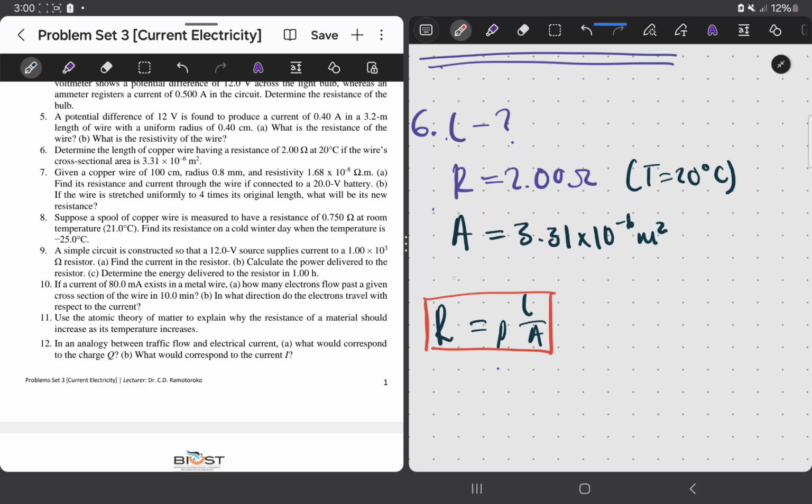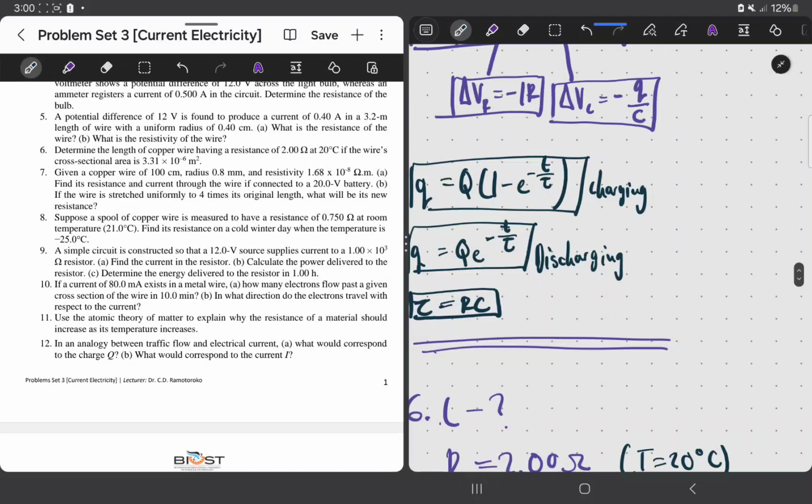The resistivity of copper at 20 degrees also happens to be a constant, which is 1.7 times 10 to the negative 8 ohm meters. This is another thing to know about copper. So far, we have seen 2 things which we may want to put for copper. We can say the resistivity is 1.7 times 10 to the negative 8 ohm meters at 20 degrees Celsius.